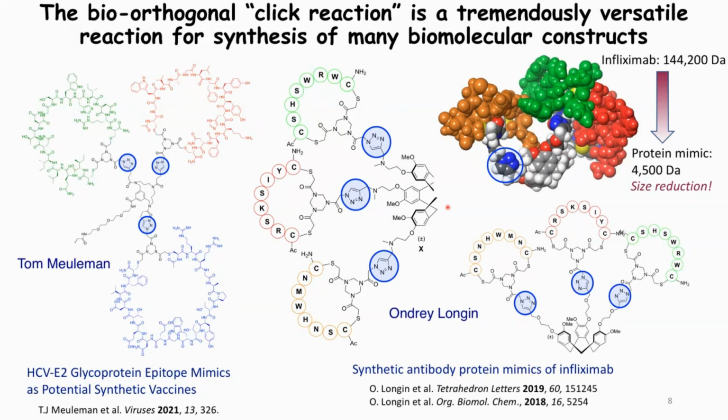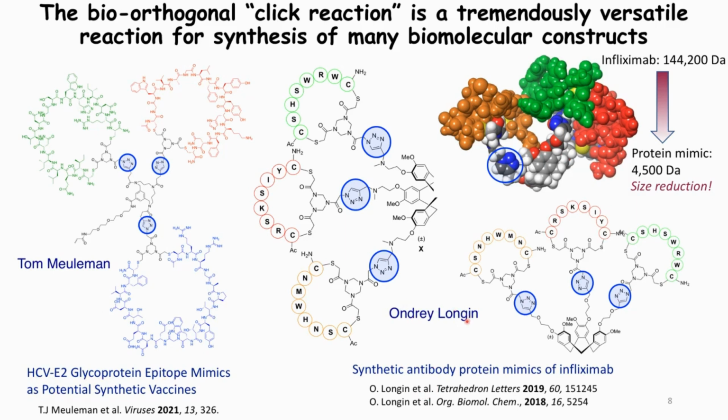Now, in the work of Tom Meuleman, for instance, in my former group at the University of Glasgow, he could introduce 3 different cyclic peptides on a scaffold containing alkyne moieties, giving rise in the click reaction to the triazole linkages. And this has been used for the synthesis of hepatitis C virus envelope glycoprotein epitope mimics.